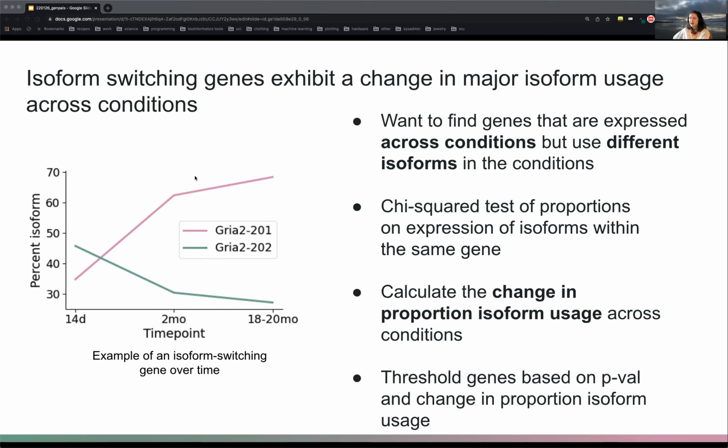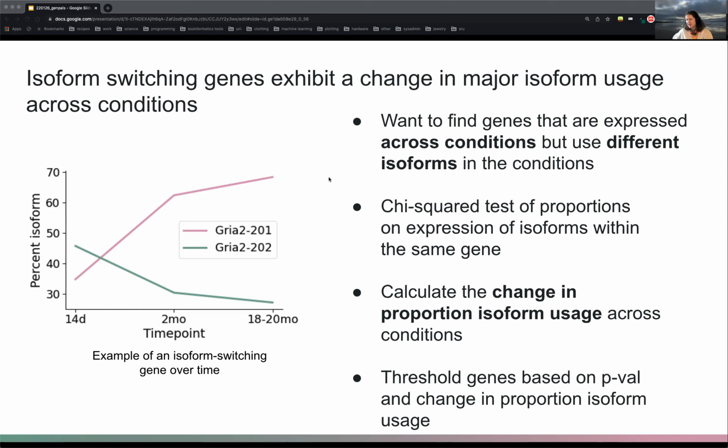So it's a little bit more of a nuanced idea compared to differential expression, mainly because we don't necessarily want to exclude differentially expressed genes from being analyzed, but more so that it's based on how much of each gene's expression is attributable to each isoform that makes up that gene.